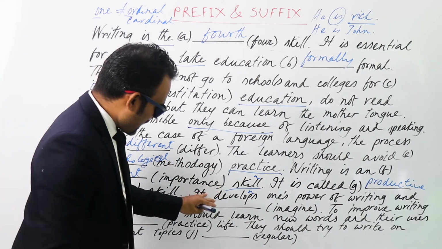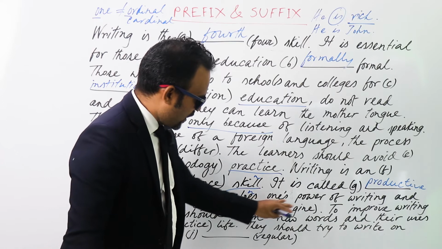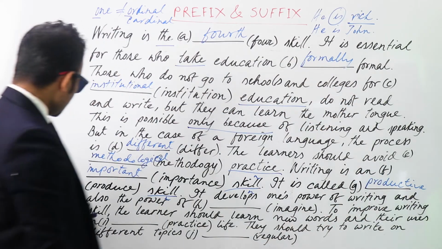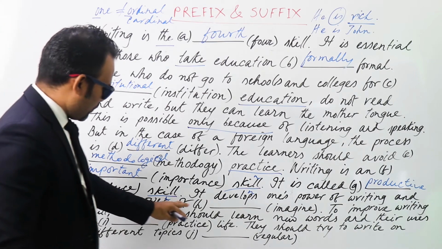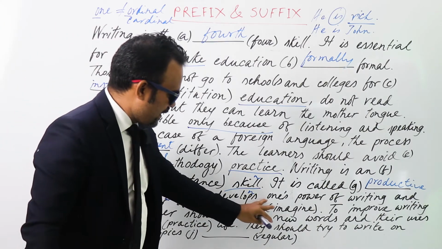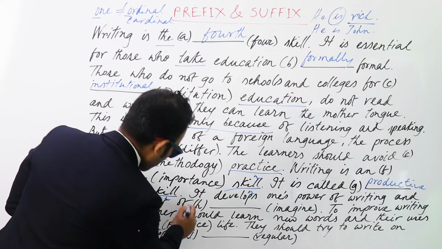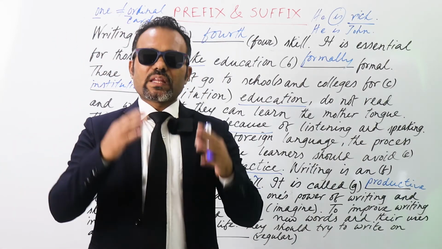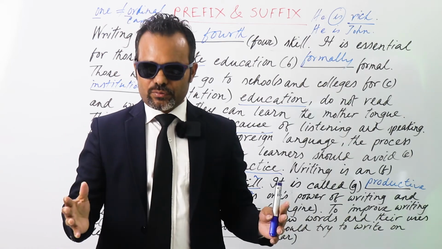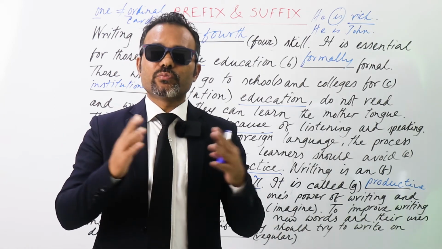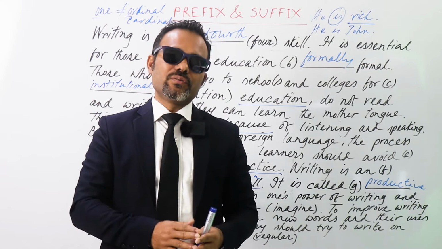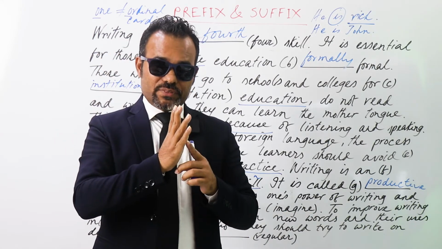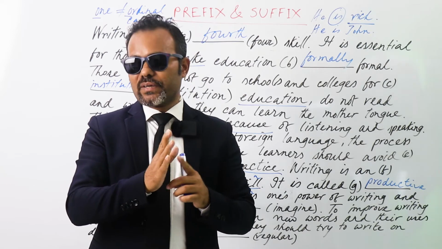Next one, it develops one's power of writing and also the power of dash imagine. Now here is another rule: here we have the preposition of. After a preposition we need a noun. A noun can be placed in five places: subject, object, object of preposition, complement, apposition.